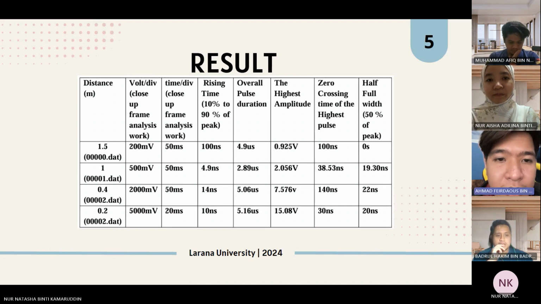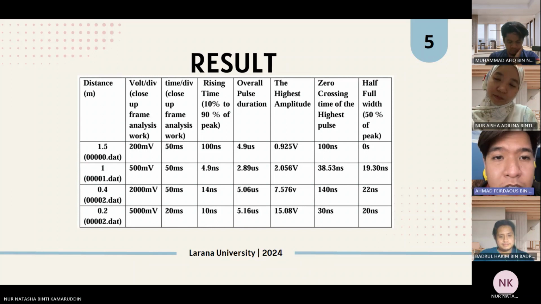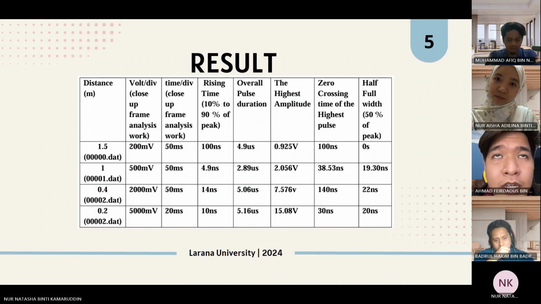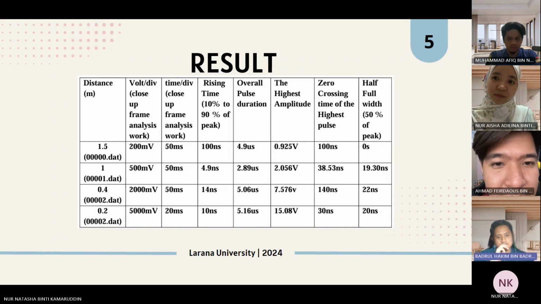For the lowest one, which is 0.2 meter, the distance will affect the result, where the higher the distance for the ignition coil to spark, it will decrease the rising time, which is 10% to 90% of the peak.